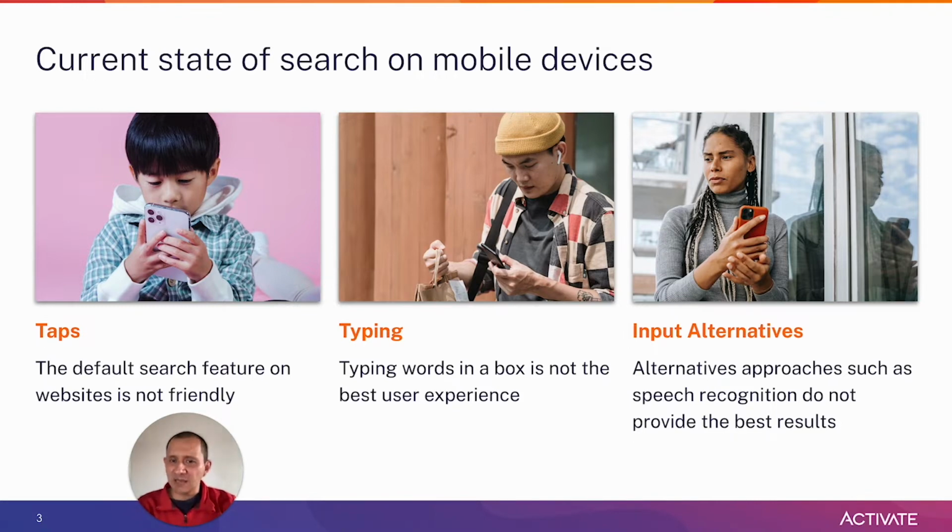So lots of taps, lots of typing, and sometimes using input alternatives such as speech recognition or dictation won't give you the expected results, mainly because of loud environments, or because the person that is trying to use this feature doesn't speak English natively.